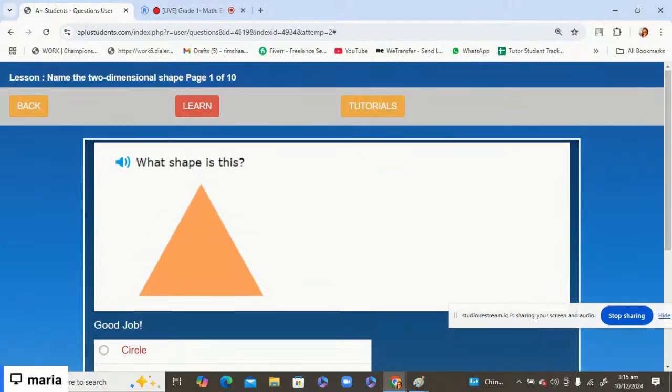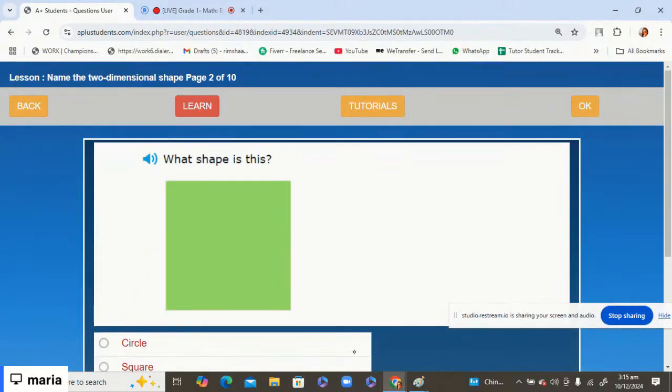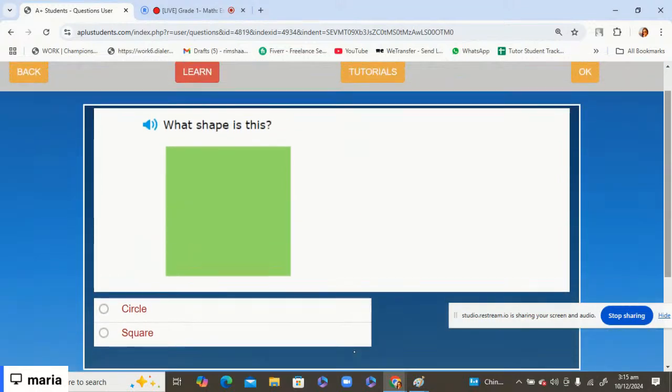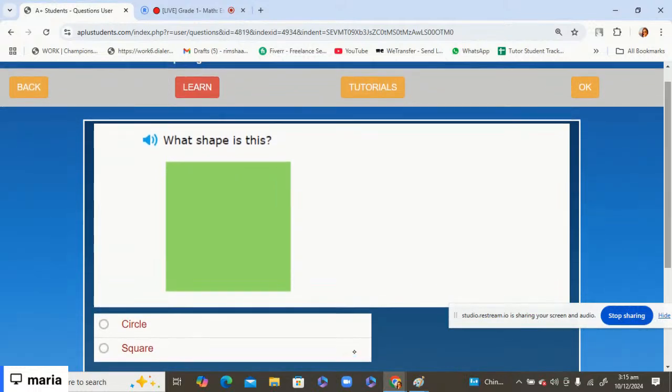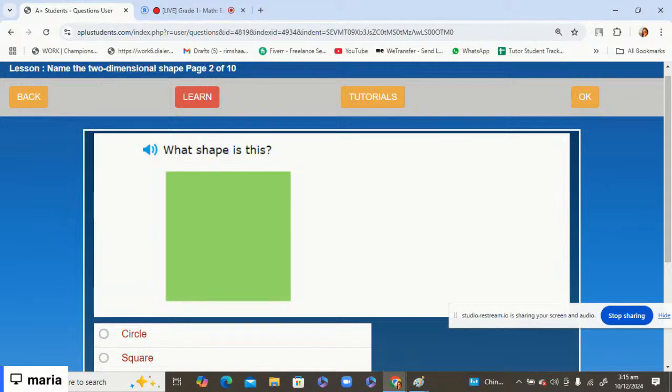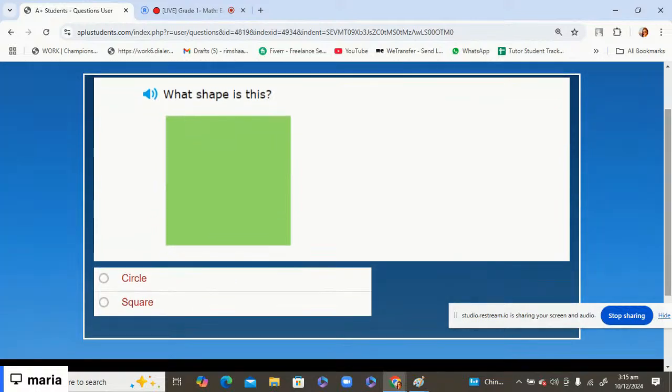Okay, let's do the next. What shape is this? Hurry up, everyone, tell me in the chat. So the shape of this one is the square. Okay, it's not circle.